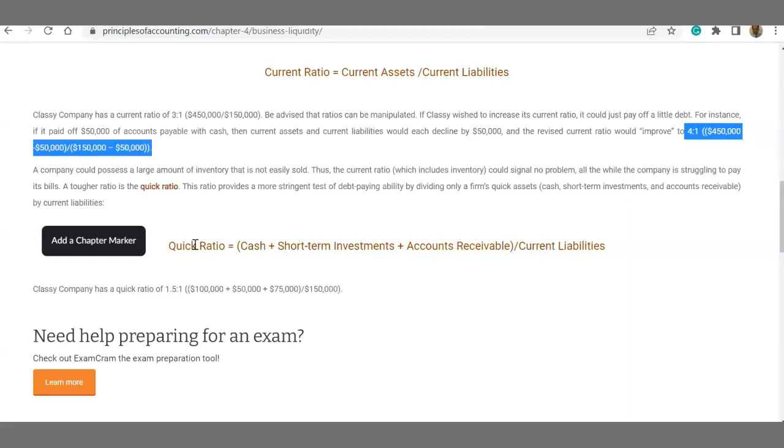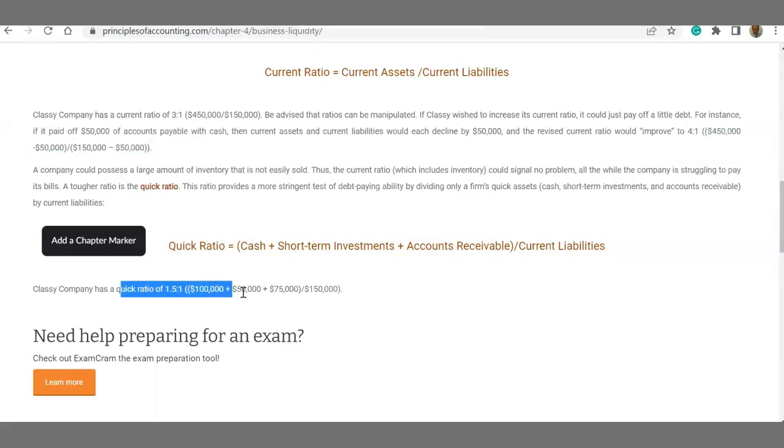Divide by current liabilities, and it gives you a little bit better understanding of really how much you have for every $1 of current liability. Doing that, all of a sudden you end up with a quick ratio of 1.5-to-1 instead of 4-to-1. Again, 1.5 shows a very realistic picture of your liquidity. So the quick ratio is also a very good ratio to be more picky and more realistic.